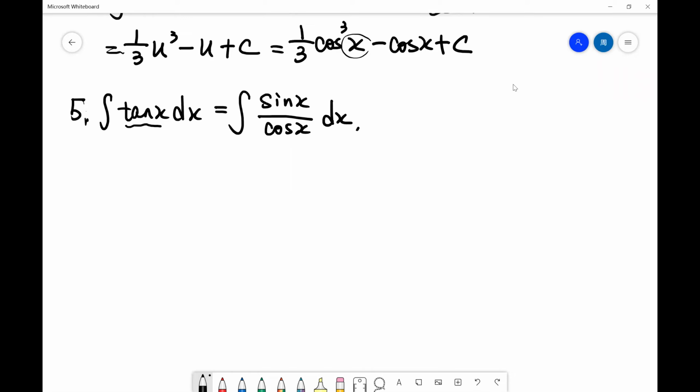And here again, sine x dx actually equals d cosine x, don't forget the minus sign here, right?